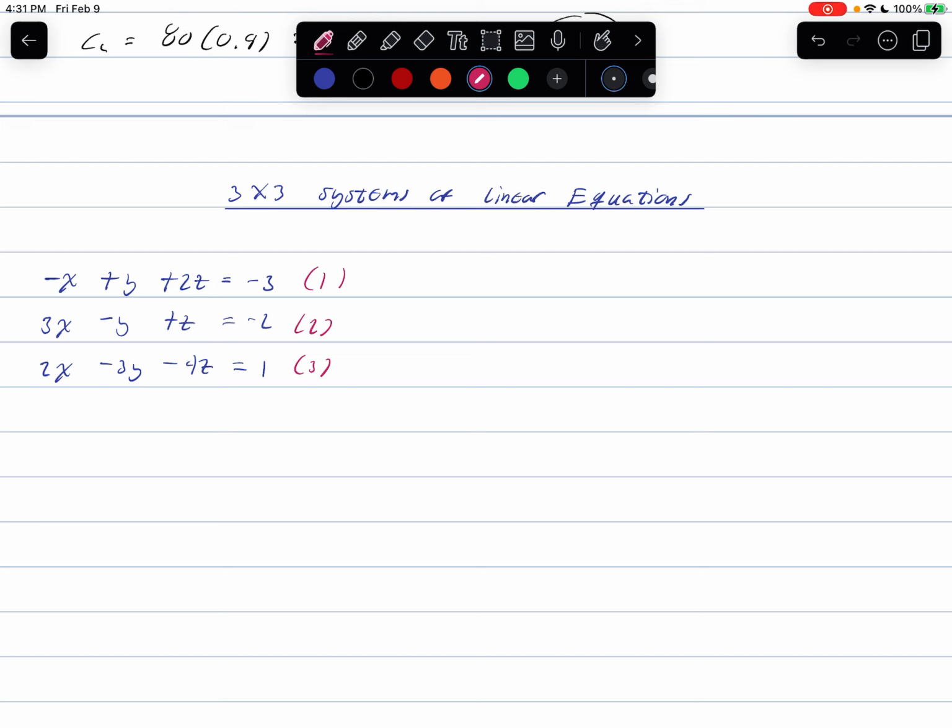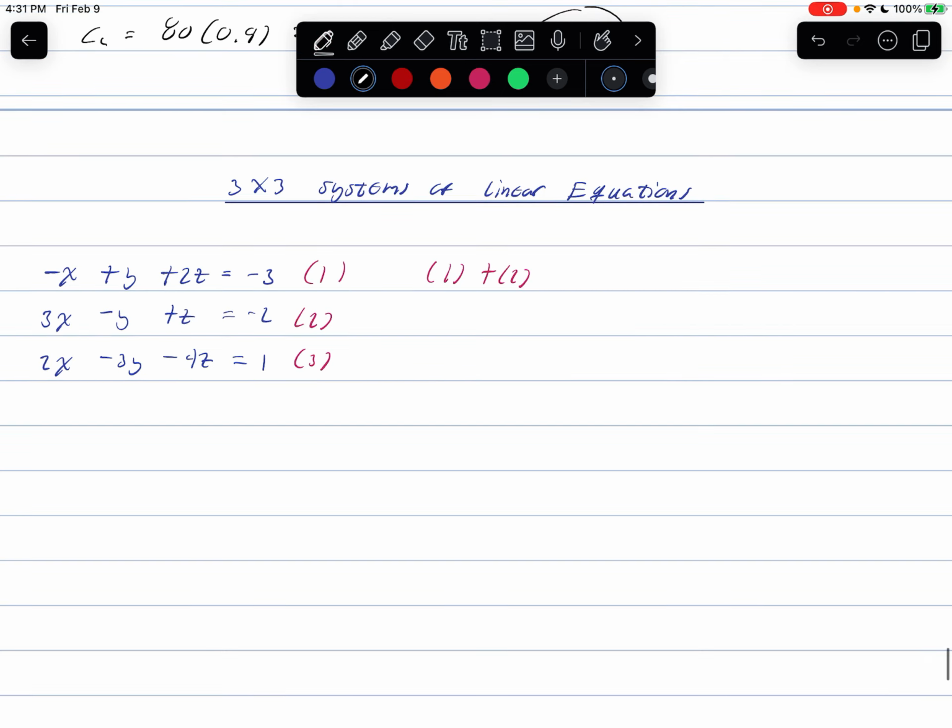Okay, so we're going to start by adding equation 1 to equation 2. So if we add equation 1 to equation 2, we'll have negative x plus y plus 2z is equal to negative 3. We're going to add 3x minus y plus z equals negative 2.